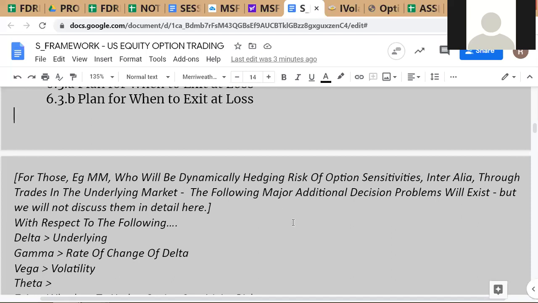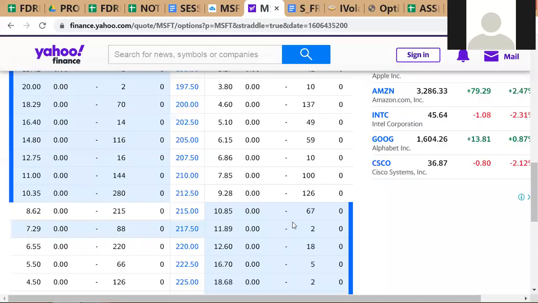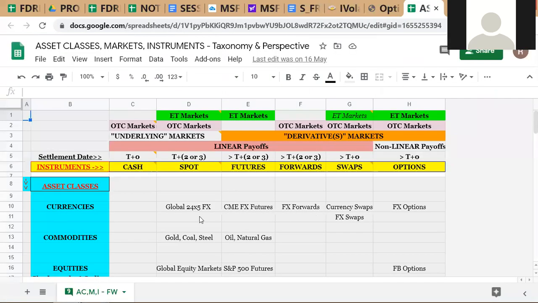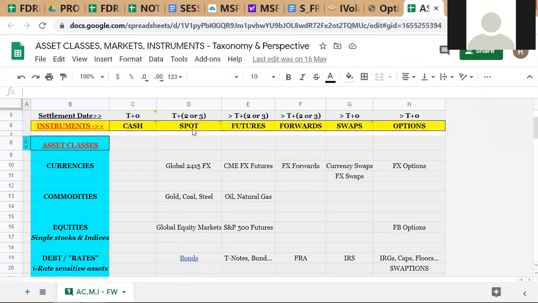The question by Siddharth is who writes these options? The option market is like any other market. There's a market for options, just like you have a market for spot. In the previous project, you were operating at the intersection of equities and spot.